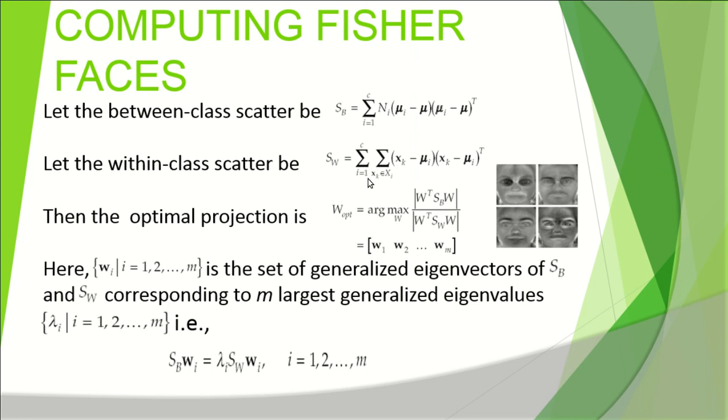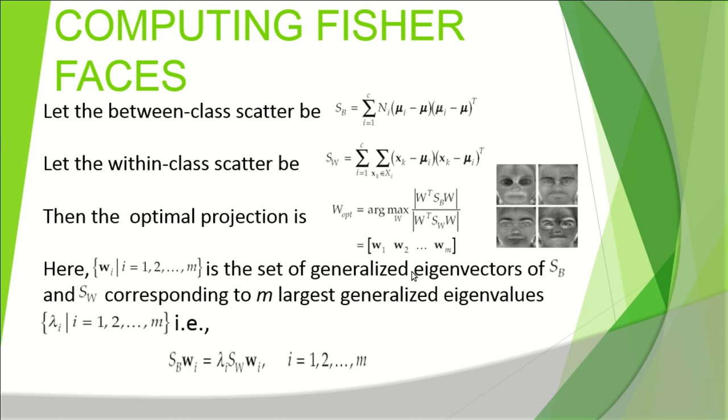So the main aim of the Fisher faces is to reduce the dimensions from n, and the Fisher faces method chooses the optimal projection W sub opt such that it maximizes the ratio of between class scatter and the within class scatter, and it gives m eigenvectors, W sub 1, W sub 2, and so on, W sub m.